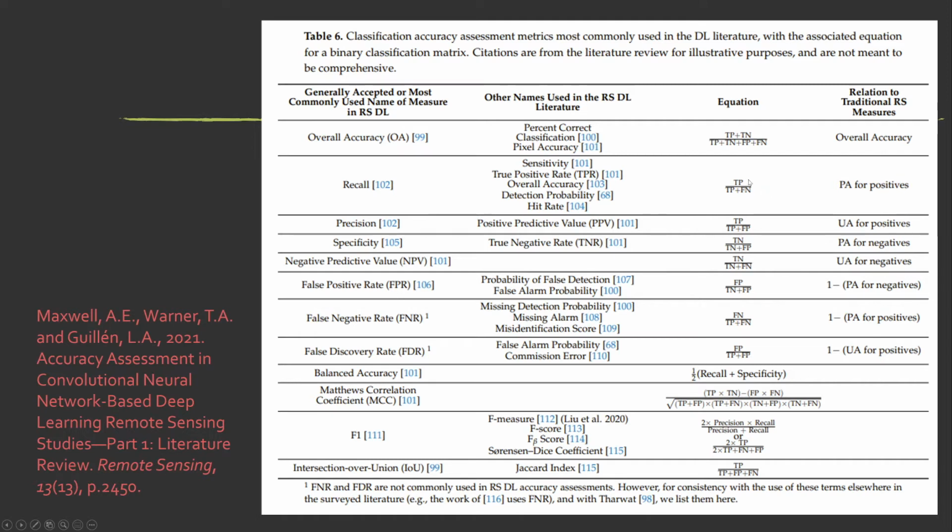Recall is the producer's accuracy for the positive class. Precision is user's accuracy for the positive class. And then specificity is producer's accuracy for the negative class, and negative predictive value is user's accuracy for the negative class, right? So that's how those things relate. Again, there are other measurements here that we're not going to look at.